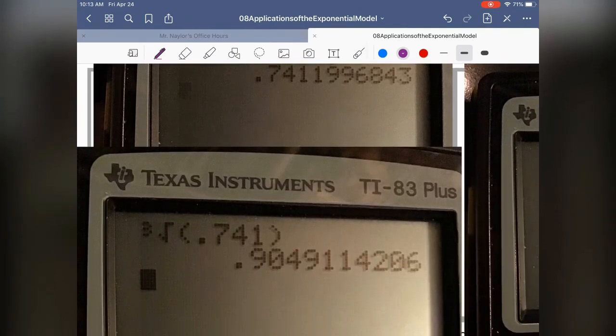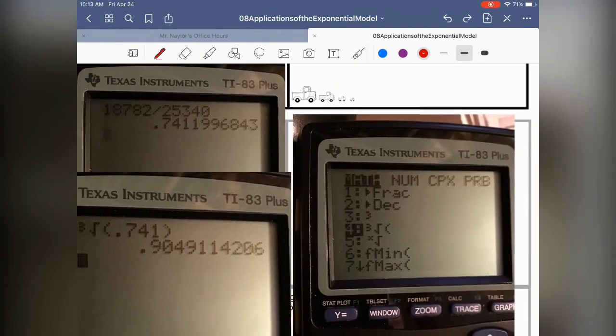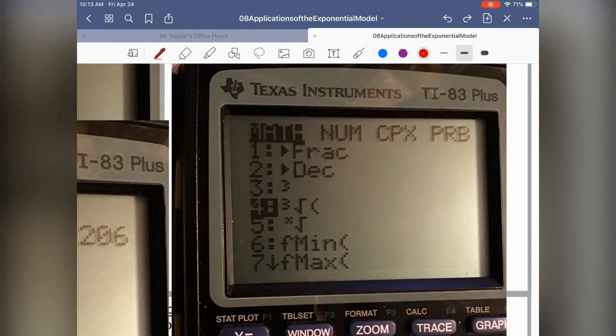To do a cube root, you have to find the cube root command on your calculator. Everybody's calculator is going to be a little different, but here's the thing. It's not a square root. It's a cube root. And some of your calculators, that might be in a menu. It might also be a button on your keypad. But you want to look for the cube root, not the square root, so that you can do the cube root of 0.741.